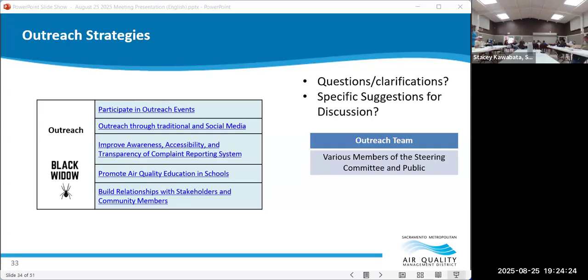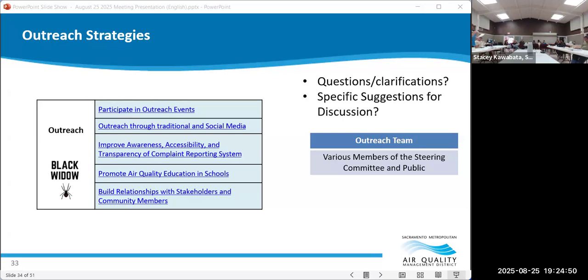But when there are other events in the area, we're going to be setting up a booth and have a banner and flyers and encourage more people to participate. We ask for your help in that. Please come to the events, tell your friends, tell your neighbors, put it out there on social media, bring people in, and let them know we want to hear from them and there's a place for them as well.